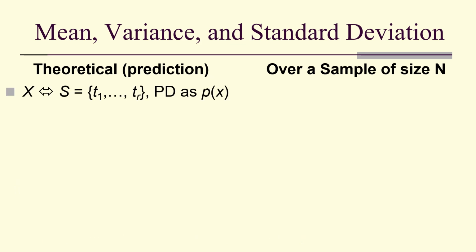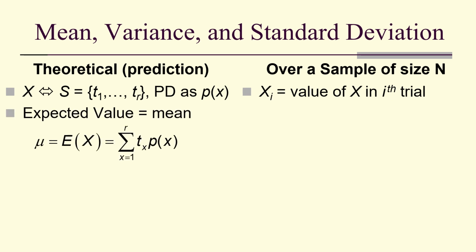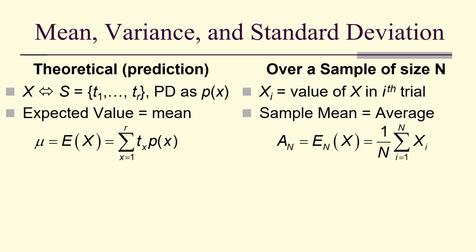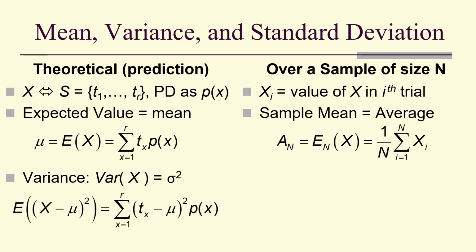So we have theoretical, a variable x associated with a set S, whereas in the empirical, we're looking at trials of x. The expected value, or the mean, is the theoretical expectation of x. The sample mean is the average over some number n of trials. The variance, denoted sigma squared, is the expected value of the quantity x minus mu, that quantity squared.